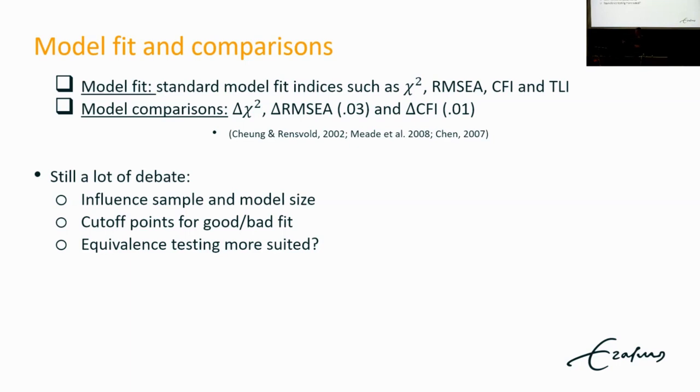And here on the slide, I've put 3 references that are nowadays quite commonly used. They sometimes differ in the cutoffs they propose. This is a rough summary, where they say, well, the RMSEA should not change by more than 0.03 points, and the CFI not more than 0.01 points. But there's still a lot of debate about this.